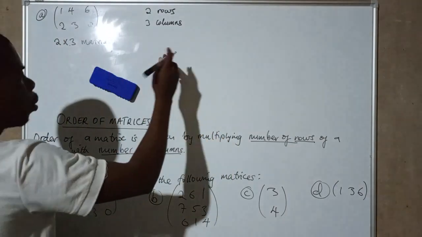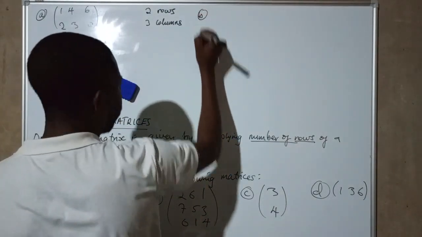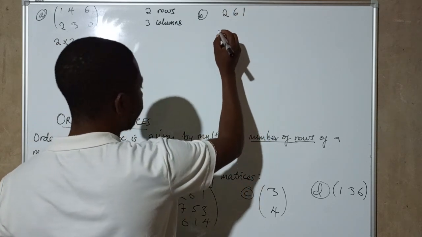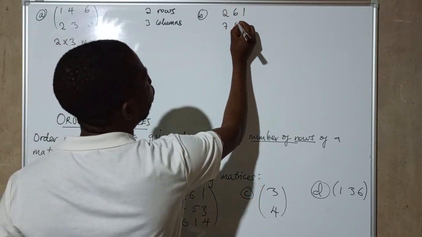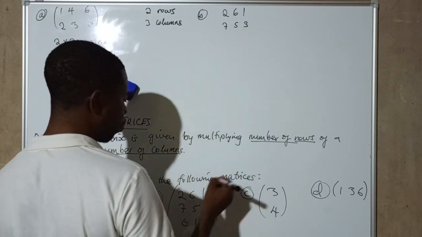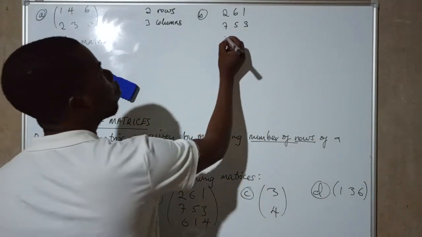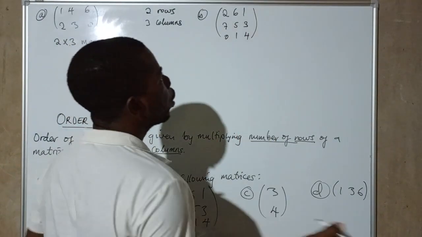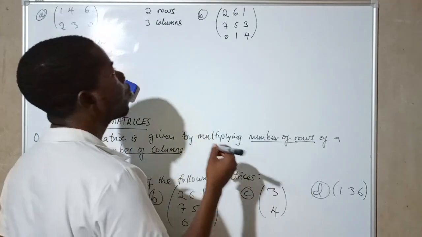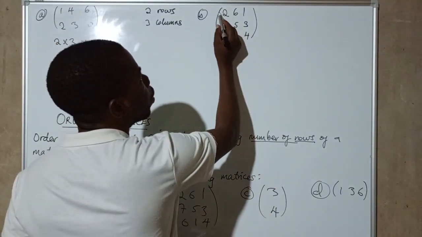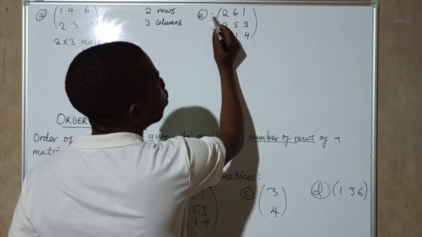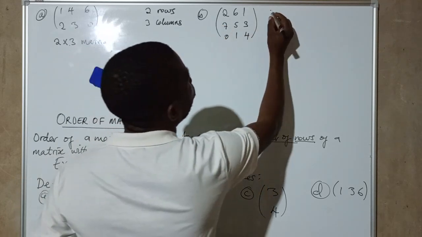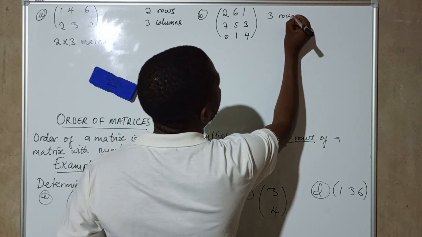Then let's answer B. In B we have 2, 6, 1, then 7, 5, 3, then 0, 1, 4. We need also to determine the number of rows and columns. Rows are the horizontal lines, 1, 2, 3, so we have 3 rows.